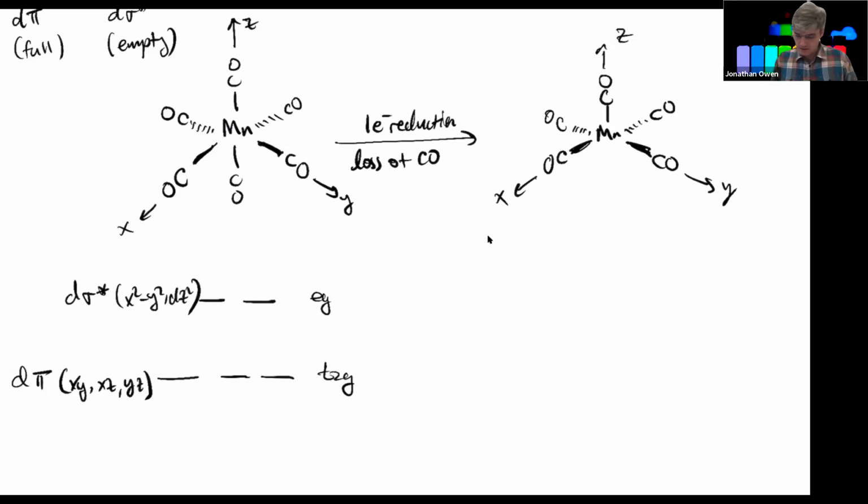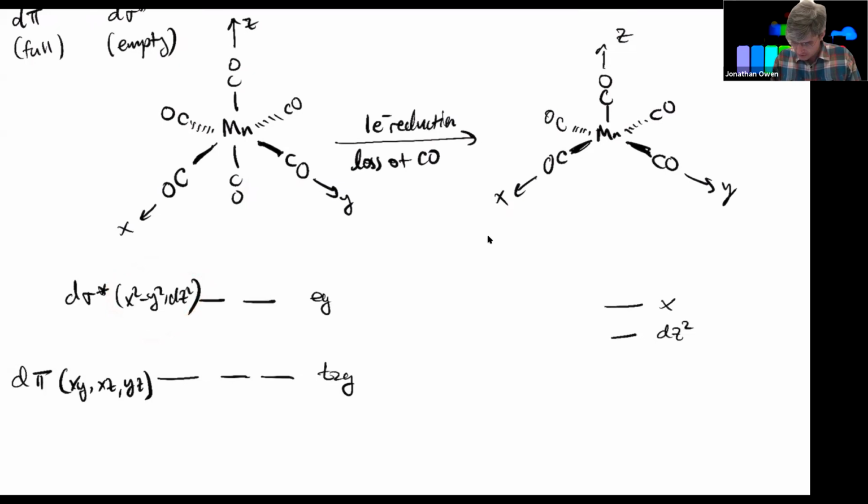So now, this structure on the right, what happens to its diagram? You popped off a CO along the z-axis. So let's do the sigma part first. Are these affected by that change? Yes, they are. Z squared is going to drop in energy.